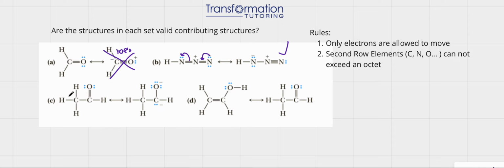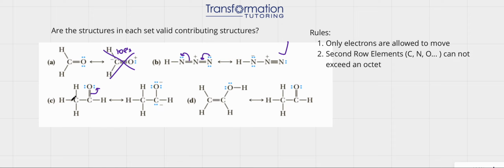We see a structure on the left and on the right. How did this happen? Well, if we moved, for example, this bond here, we would have a lone pair here. But where did these electrons come from? Actually, why don't we go ahead and count the number of electrons here?